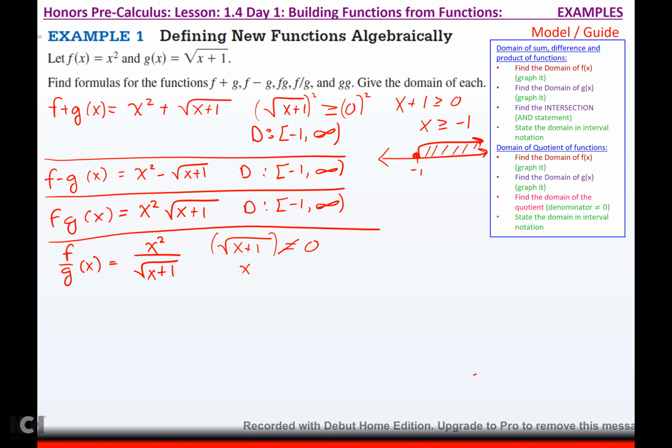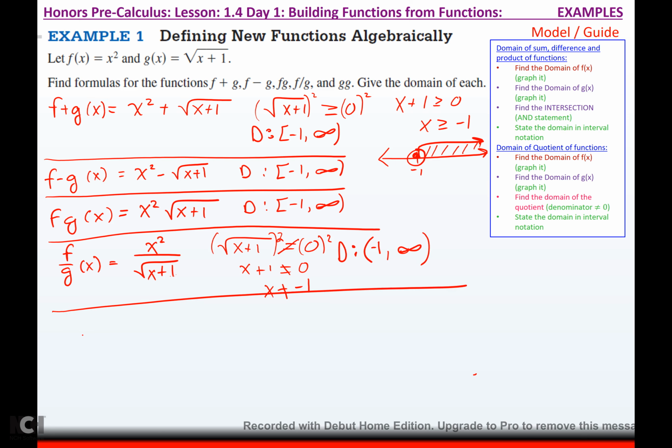So x plus 1 can never equal 0, so x can never equal negative 1. The only difference is this is going to be an open circle. So for my domain, instead of including negative 1, it's going to be a round bracket because it won't be included.